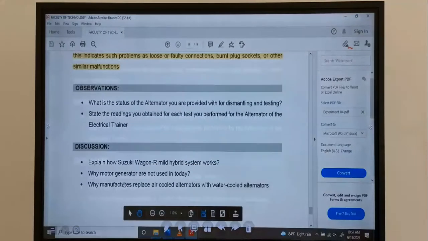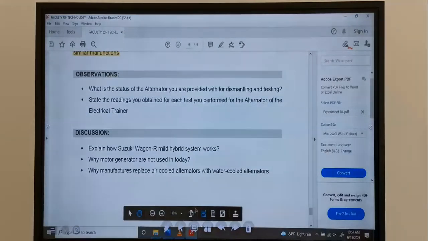So now these are the observations. Now we try to conduct the test. For the alternator, first we dismantle it and study the parts, and we do some kinds of tests.